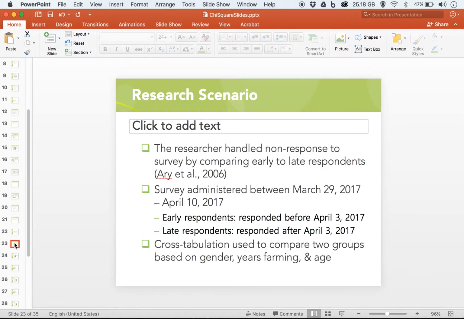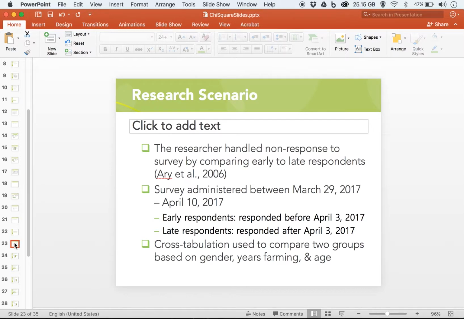Then we recoded age as 18 to 50 years and then 51 years and older, knowing that the average age of the farmer is in that later category. So we wanted to compare the US average age of the farmer to those younger farmers.